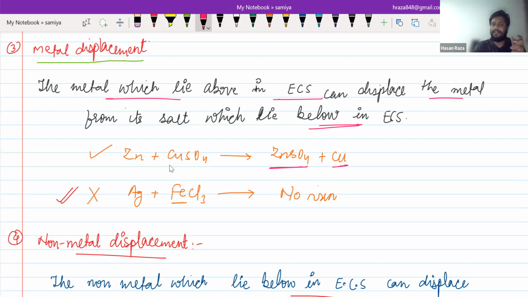That means zinc can easily replace copper because zinc lies above copper. But if you react Ag with FeCl3, the reaction will not occur because Ag cannot replace iron, as iron lies above Ag.